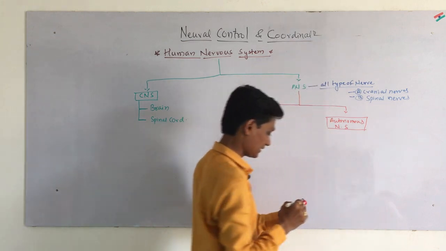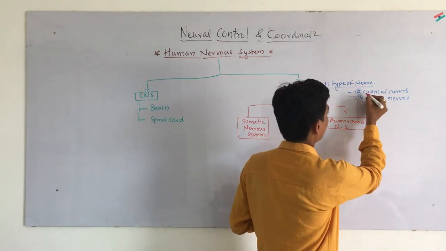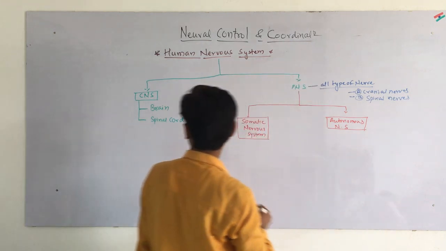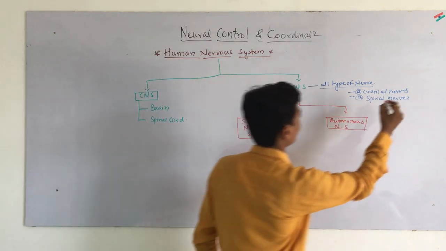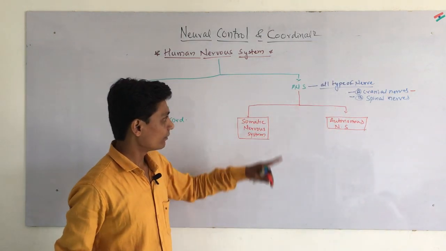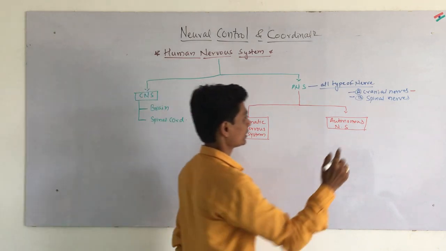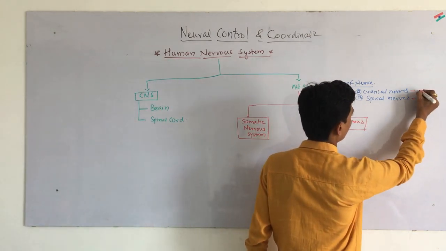As the name indicates, the cranial nerves arise from the brain, and the nerves which arise from the spinal cord are known as spinal nerves.